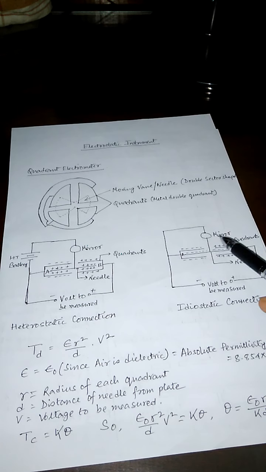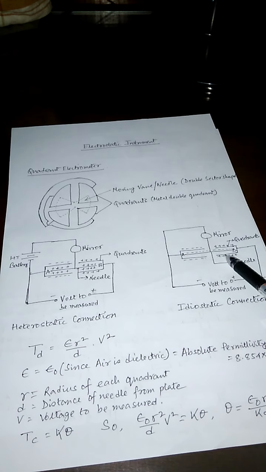We know that for an electrostatic instrument, the main principle lies on the production of static electricity. Here the charged conductor, due to the accumulation of charge, has an electrostatic force, which rotates the moving vane.